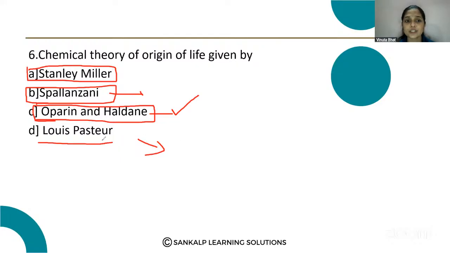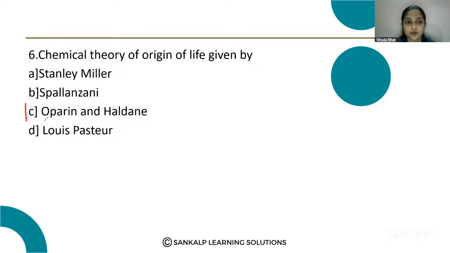That is Louis Pasteur's experiment. So the answer for this question is Oparin and Haldane. According to Oparin and Haldane, life originated from some organic molecules, and that is called the theory of chemical evolution, chemical origin.